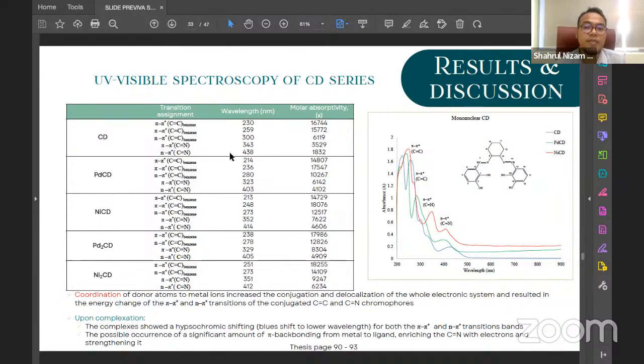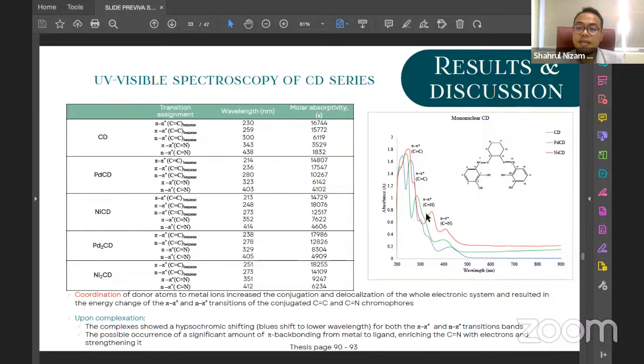We can capture this at 438 nanometers. This is the molar absorptivity, which we calculate through a formula. Other than n to pi star, we also want to see the pi to pi star of the azomethine or amine, and the pi to pi star of the benzene. So those transitions can be captured here.